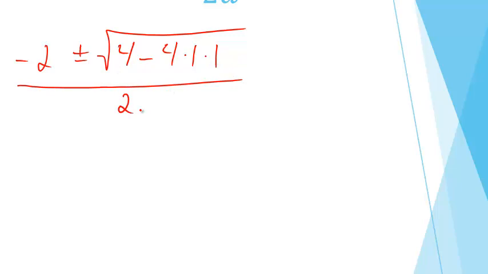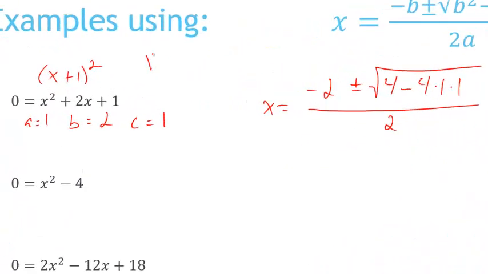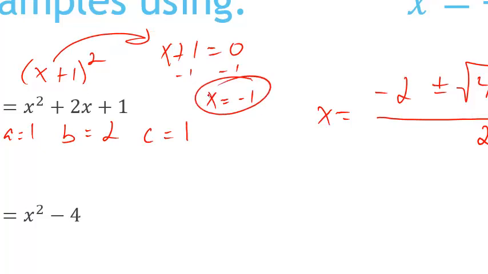Okay, so now that's going to give us negative 2 plus or minus, oh look, 0, so our discriminant is 0, so we have one solution, all over 2, which equals negative 2 divided by 2, which equals negative 1, which works, because when we set x plus 1 equal to 0, then minus 1, x equals negative 1. Alright, so that works. Awesome.